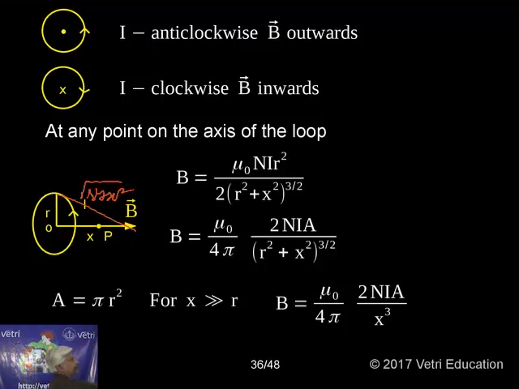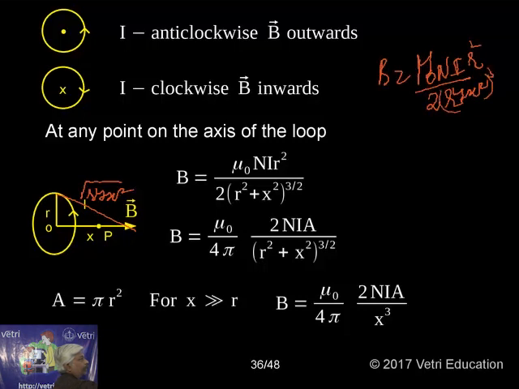Because B is equal to, as we have just seen, mu naught N I by 2R. Similarly you have to do mu naught N I R square here, with R square plus X square whole power 3 by 2. So from that equation I take it like that.